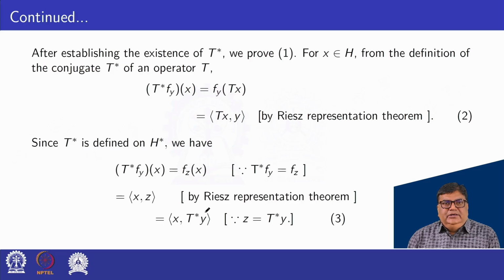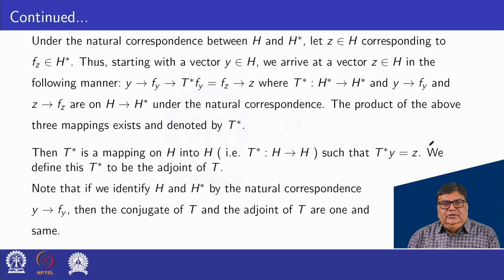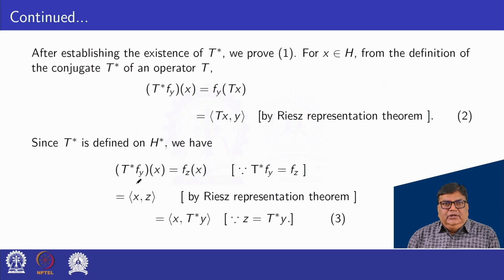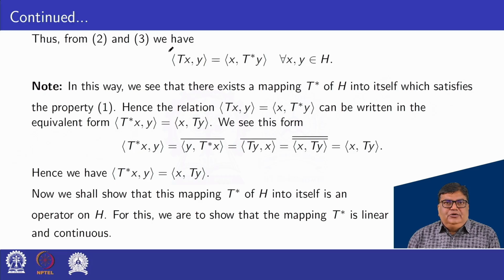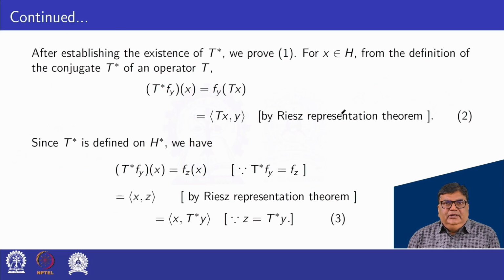Z is T star y, so the inner product of x and z equals the inner product of x and T star y. Thus from equations 2 and 3, in equation 2 (T star fy)(x) is equal to the inner product of Tx and y, and here the same (T star fy)(x) equals the inner product of x and T star y.